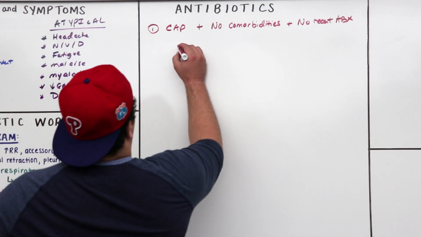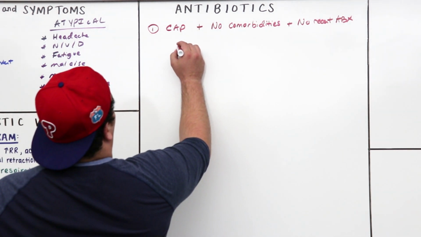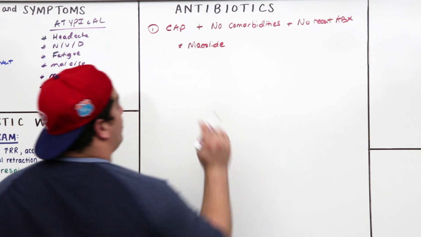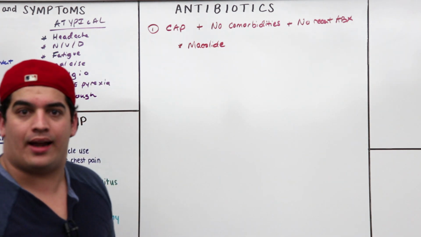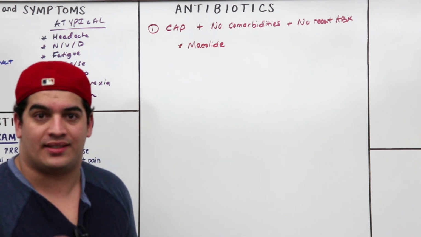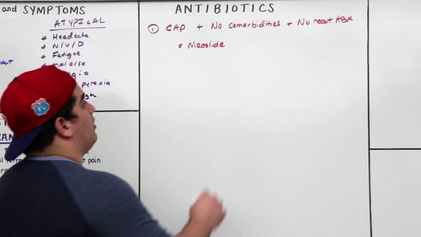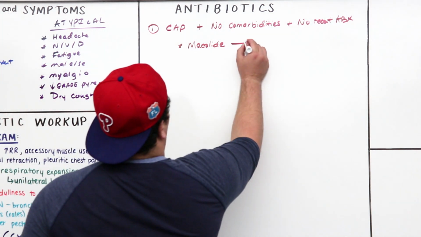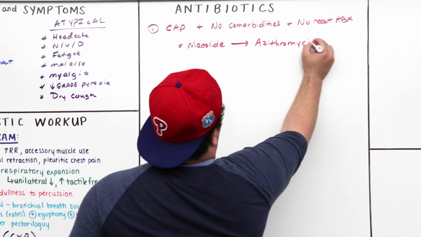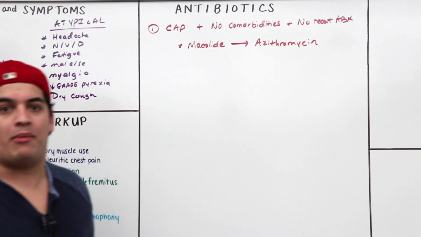One is you can give what's called a macrolide. And if you guys haven't already, go watch our videos. We have videos on antibiotics. A macrolide is designed to inhibit protein synthesis. One of the main macrolides that we would give in this type of situation is azithromycin. So you can give azithromycin.